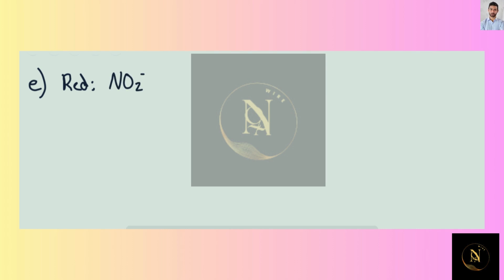So we have NO2 minus, and also we're in basic solution this time, so we're going to be reacting with OH instead of protons. And we're also reacting with electrons since it's the reduction half reaction. And we produce ammonium, and because of the need to reduce this here, we're producing the oxygen anion, O2 2 minus.